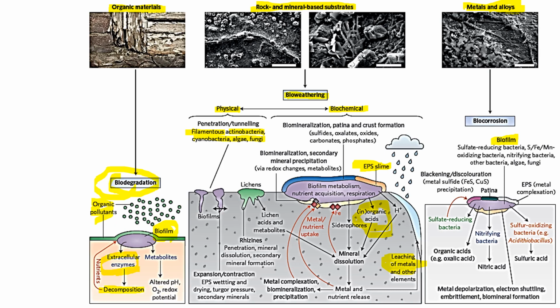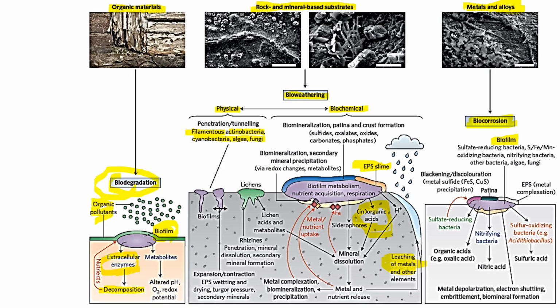Similarly, when they meet metals and alloys in nature, the procedure that they undergo is biocorrosion. Certain bacteria like sulfate reducing and nitrifying bacteria precipitate the metal out, and for that they do biomineralization or biocorrosion.